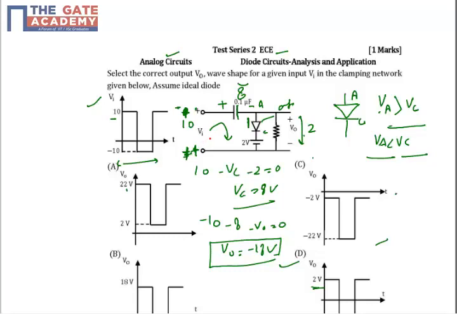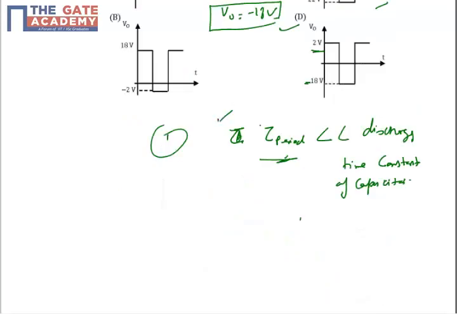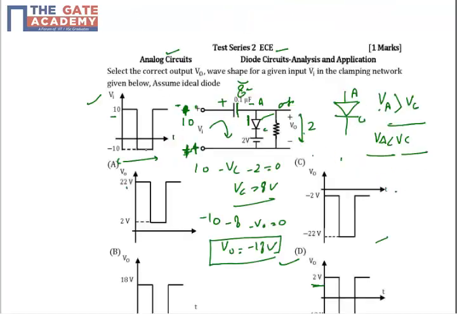Although the capacitor has a finite voltage and always discharges, I can still take the entire 8 volt because my time period is so small compared to the discharging time constant. The minus 10 lasts for such a small time that the capacitor doesn't have any opportunity to discharge, so the entire voltage stays intact across the capacitor. Only then can I get the clamped output.